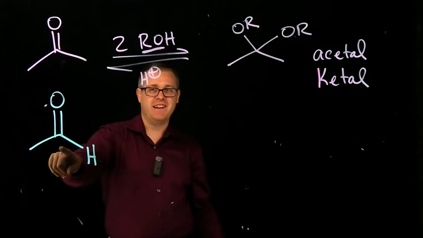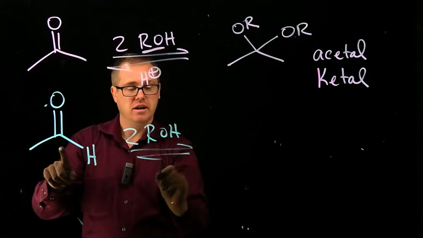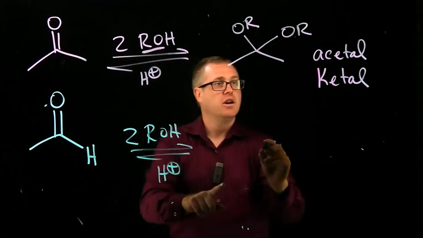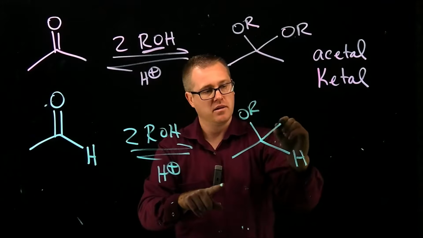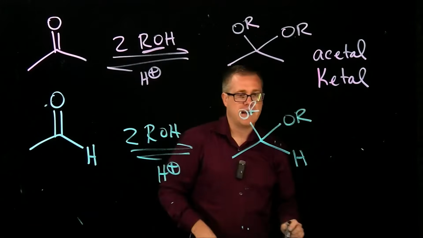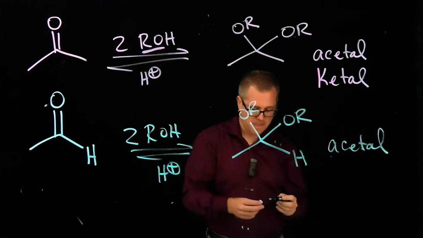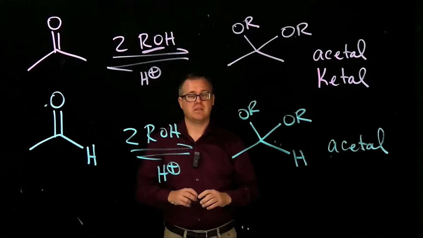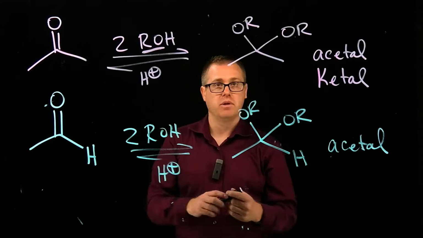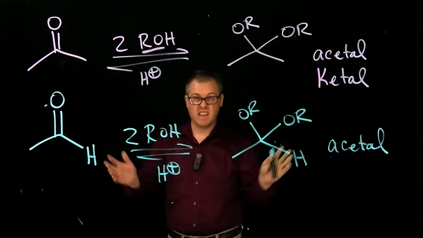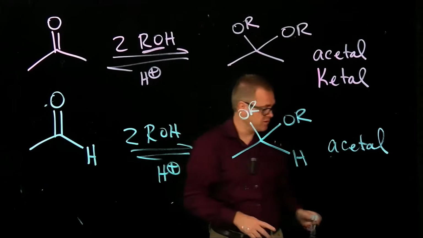If you start with an aldehyde, use 2 moles of alcohol under acidic conditions, you will then get our acetal. All right. So that's what I want you to know, but your book just lumps it all together as acetals. But this is really what it's supposed to be.